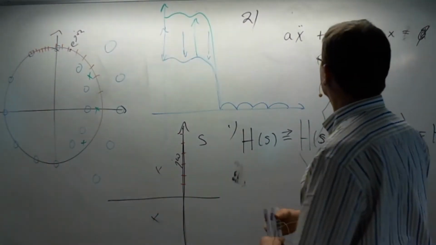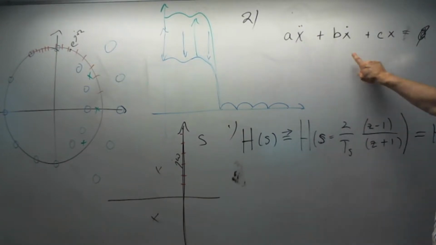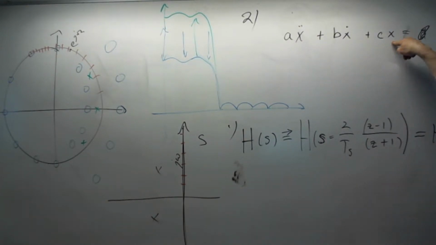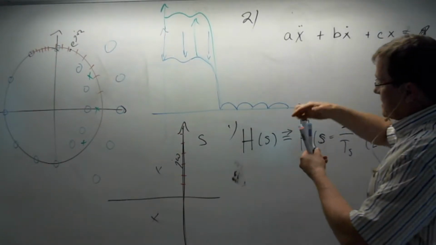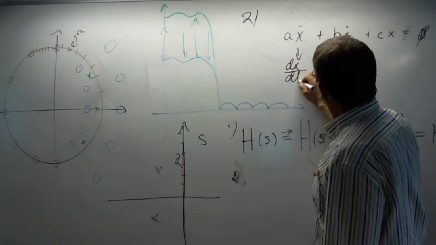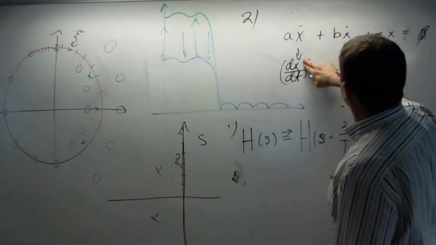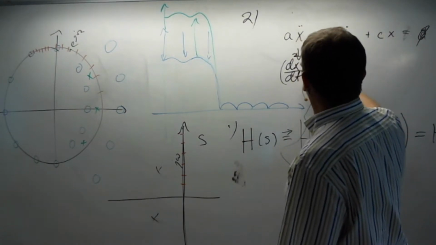That's acceleration, that's speed, that's position. Then those parameters just change, and that's the time derivative dx over dt, and d squared for the second time derivative.